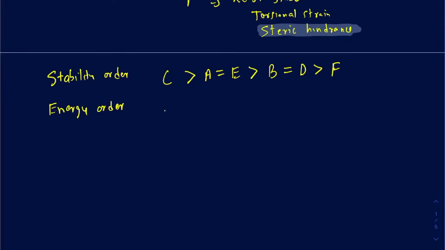So I would say F is the highest in energy, followed by D, and D and B are going to be at the same energy level, and then followed by E, which is at the same energy level as A, and then C is going to have the lowest energy. Sometimes the question is based on the stability or sometimes based on the energy order. So you want to make sure you know whoever is the most stable is going to be lowest in energy.